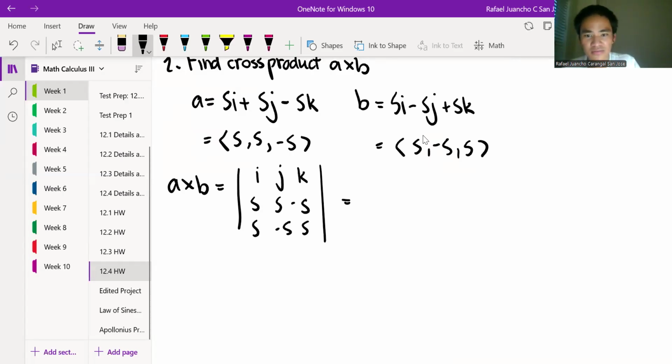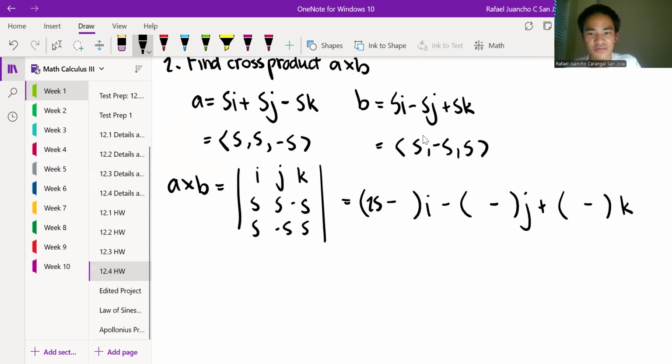And now we do our formatting again. So for I, we have 5 times 5, 25, minus 25. So that's 0. J, we have 25 plus 25, because 5 times 5, and then 5 times negative 5, so minus negative 25, so it's 50.